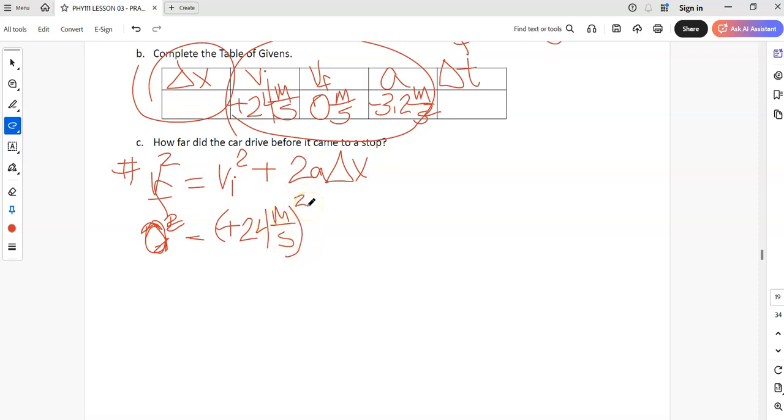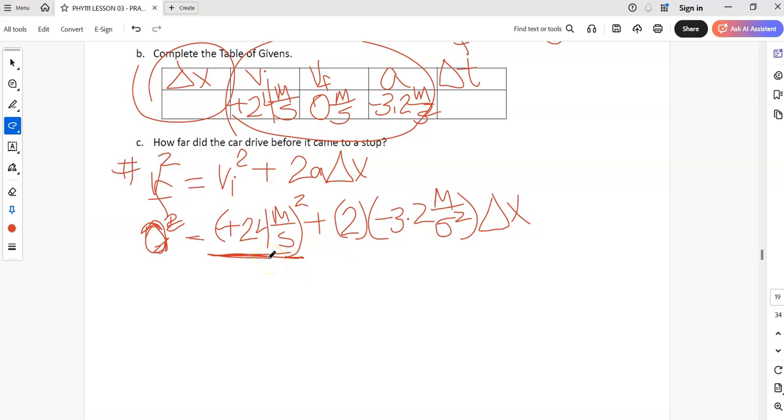Remember, you're squaring the number and you're squaring the units, plus 2 times the acceleration, which is a negative number. Don't forget the negative sign, times our unknown displacement. Since we're solving for displacement, we want to move all the terms that are not displacement over to the left. And you want to start with the terms that are farthest from it.